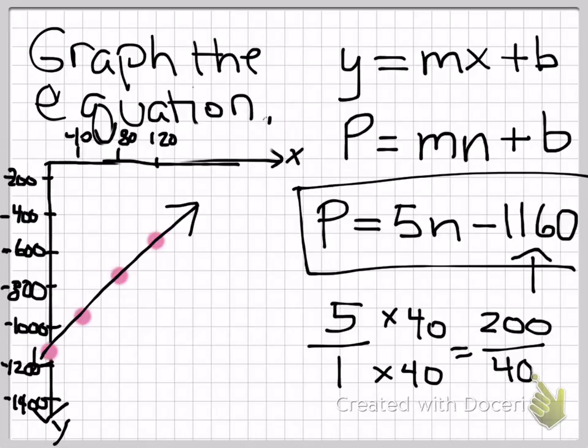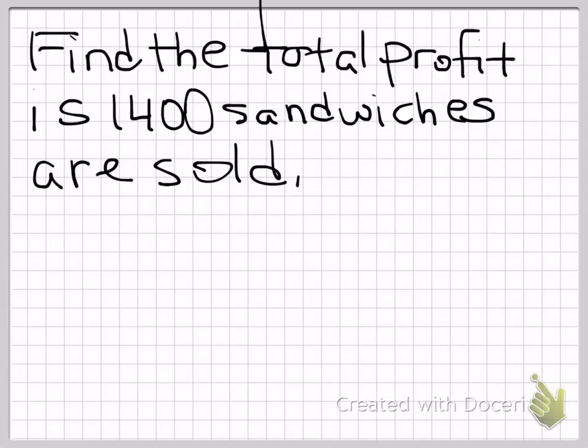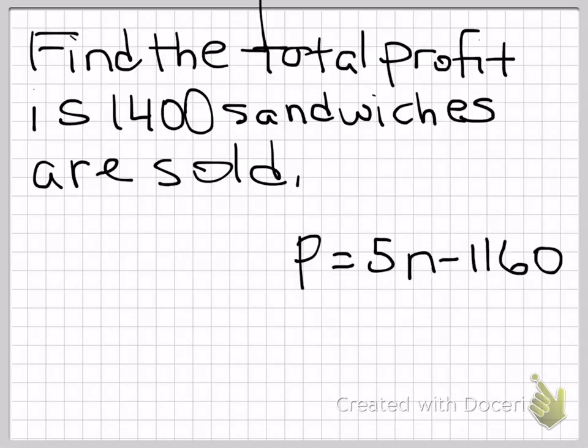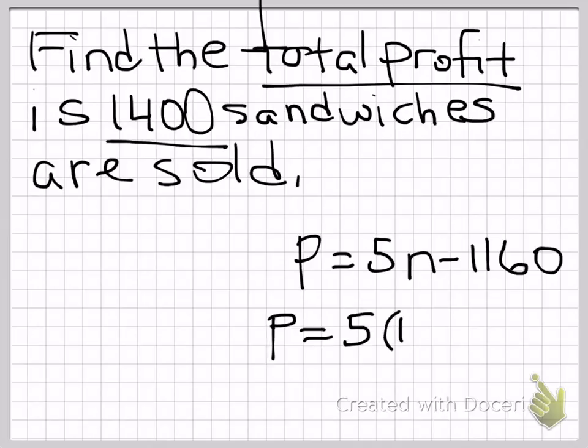And then the last part is using the equation to answer a question. So P equals 5n minus 1160 was the equation. Now it says find the total profit, or P, if you have 1,400 sandwiches sold. So we're going to put in 1,400 for n.